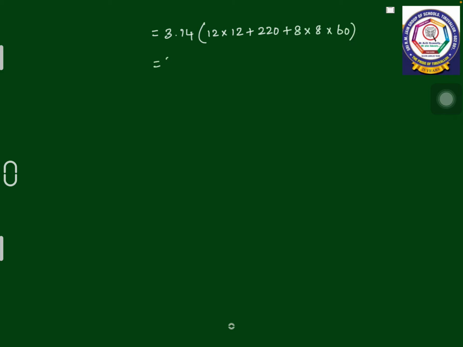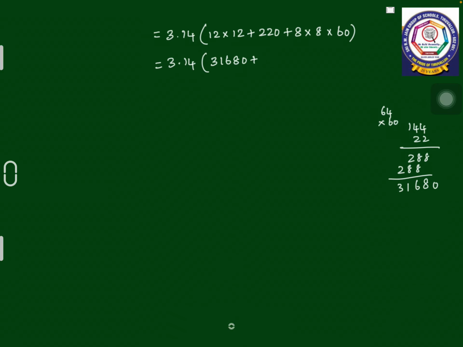So it is 3.14 into, I need to multiply this: 12 12s are 144, 144 into 220 is 31,680, plus, when I multiply 8 into 8 into 60, 8 8s are 64, 64 into 60 is 3,840.